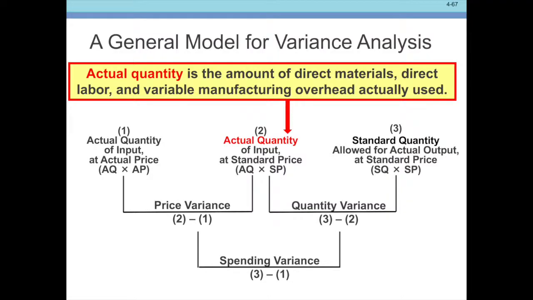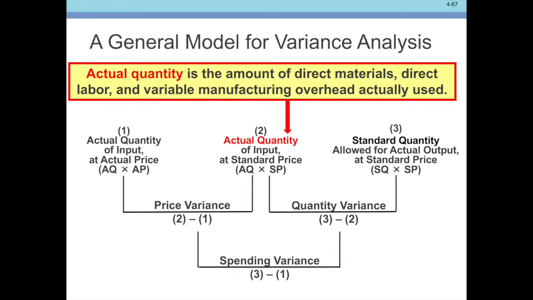So when you start thinking about what we're comparing here, the difference between these two, if you look under price variance, 2 minus 1 on the second tier down, the price variance compares the standard price to the actual price. So you've got the actual quantities, and then you compare the standard price to the actual price. Take the actual price, subtract the standard price, and you'll see that there's a difference between what you should have paid and what you did pay.